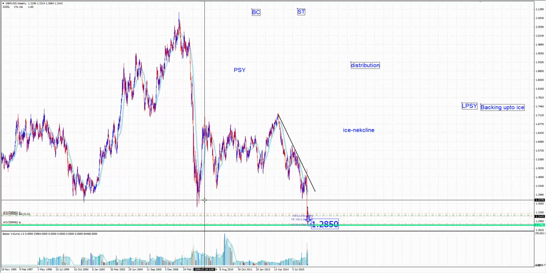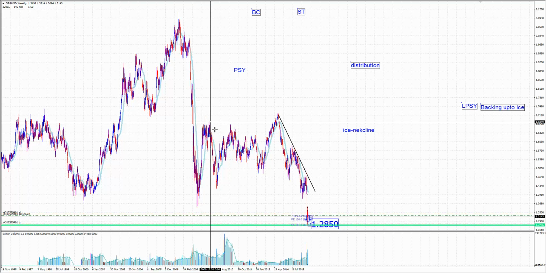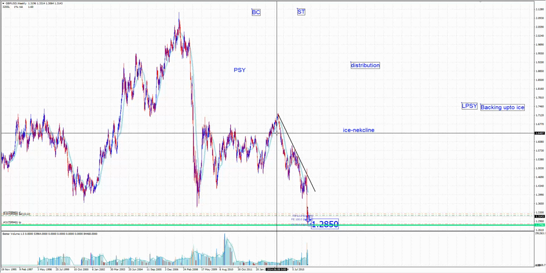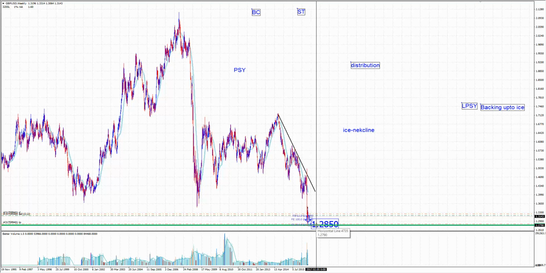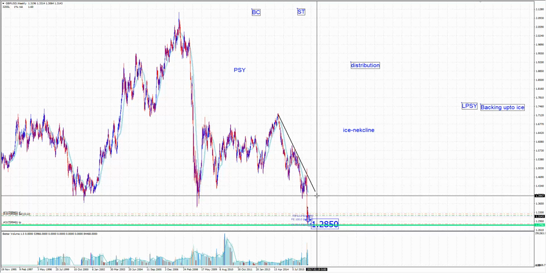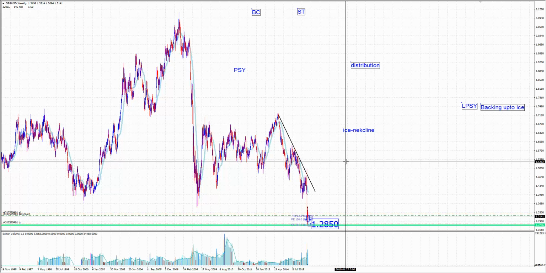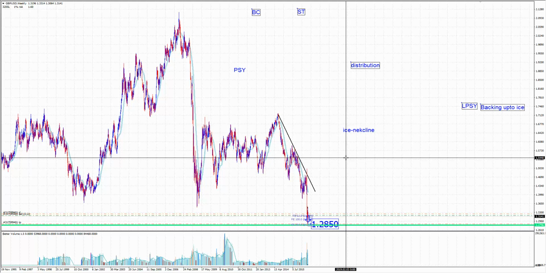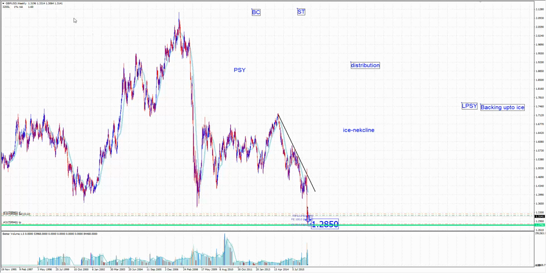Then from 2009 we got a correction of 4 years, the upward correction, some sideways, and then finally the price continued the long-term trend this year. This can lead us to a much lower GBPUSD than where we are right now, but that is for the long term.